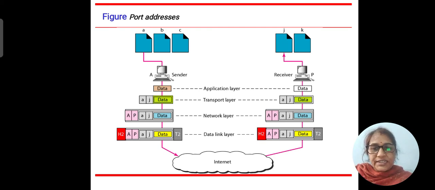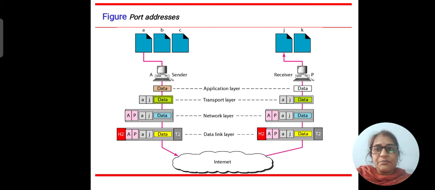Through the internet, our data is transferred to the receiver side, to the data link layer, then to the network layer, then to the transport layer, and lastly to the application layer, then lastly to the receiver.